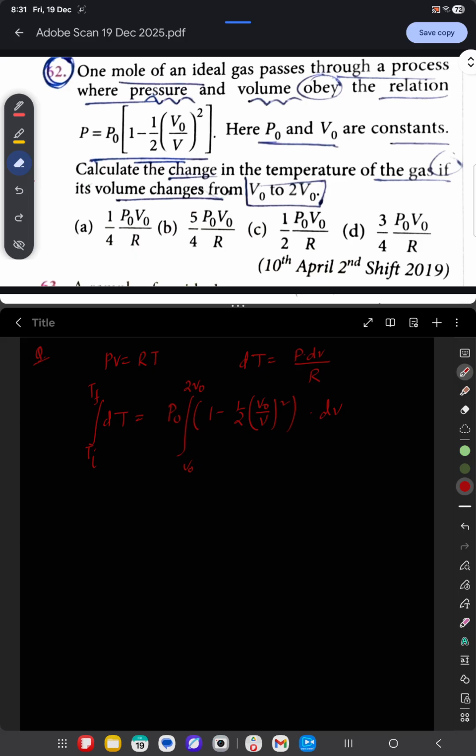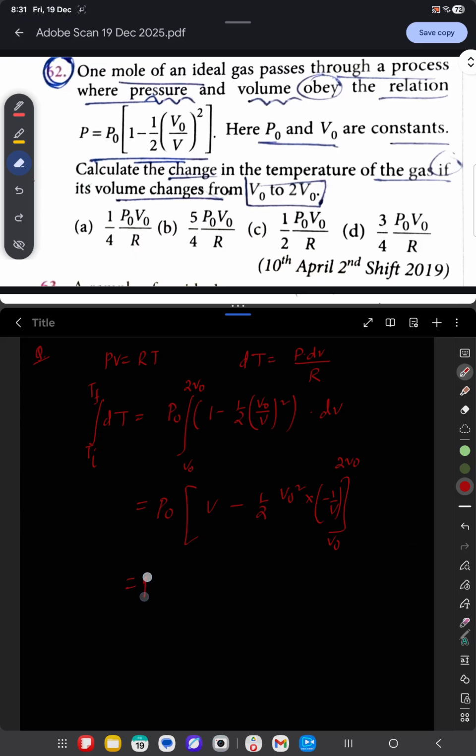Okay, so you can apply the formula PV is equal to RT, from which dT is equal to P dV by R. So if this is P naught, dV integration becomes V minus 1 by 2 V naught square. V to the power minus 2 dV becomes V to the power minus 1 by minus 1, so minus 1 by V. Now we need to put the limits.